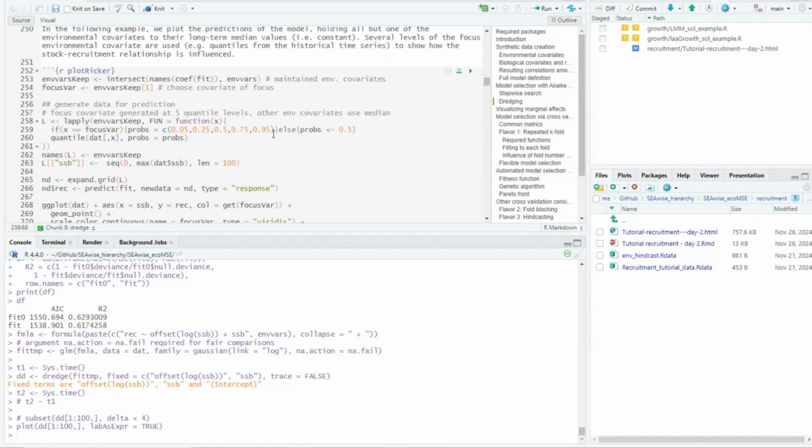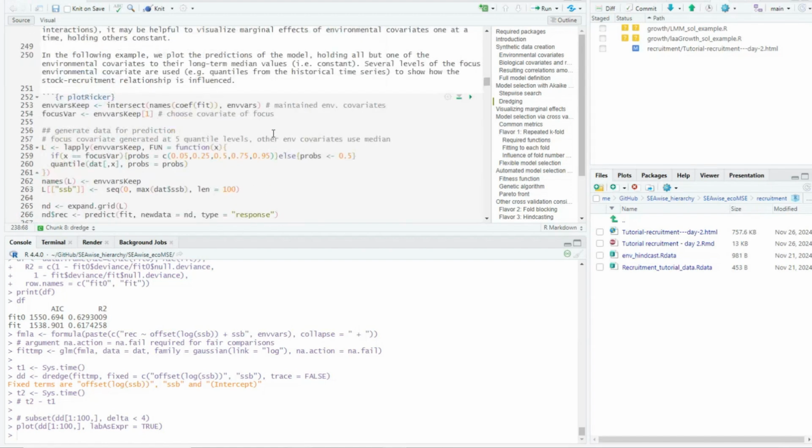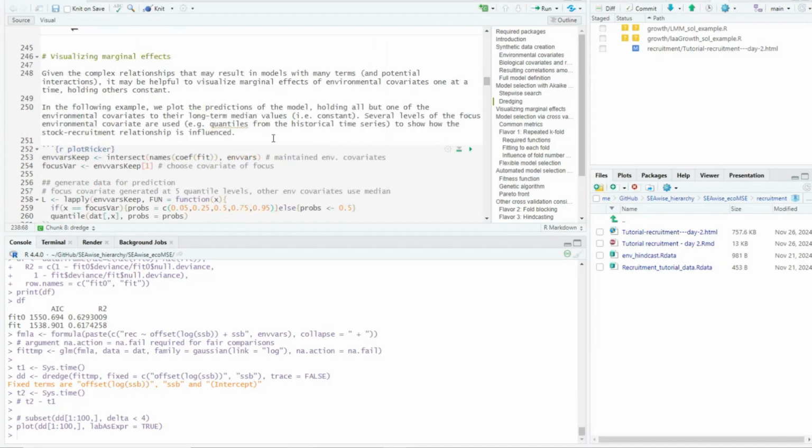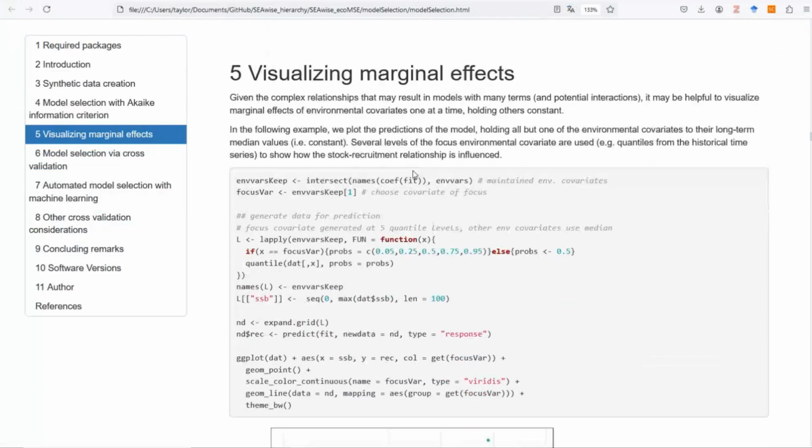So what we've done a lot in SEAwise in looking at these more complex models, especially the growth ones, is to look at the marginal effects. And basically what this is doing is it's holding all other covariates constant. What I mean by that is the environmental covariates, and just looking at the effects from a single environmental covariate at a time.